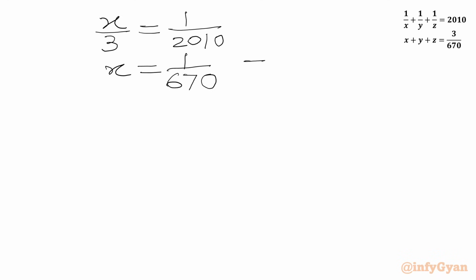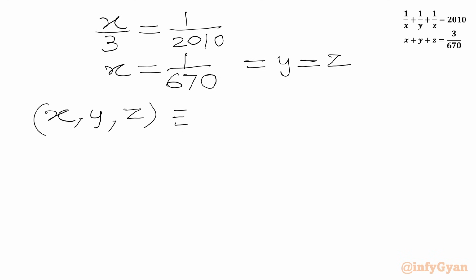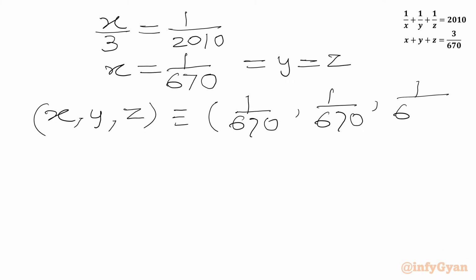Now I can use x equal to y equal to z. So our answer is ready. x, y, z should be equal to 1 over 670, 1 over 670, 1 over 670. This was method number 2.